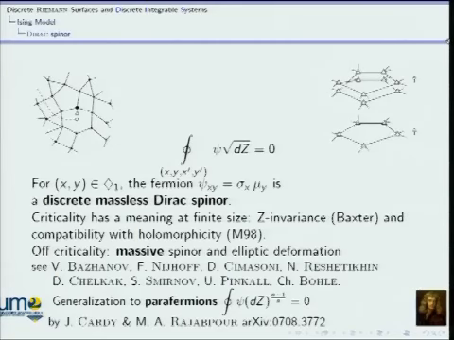Cardy generalized that to parafermions. So he proved that at criticality, the parafermions are discrete holomorphic in the sense that I talked about.